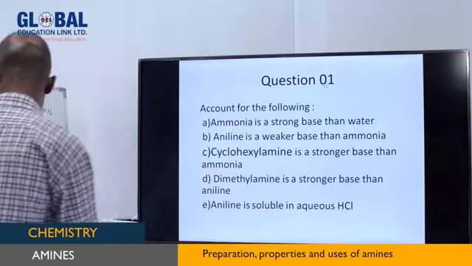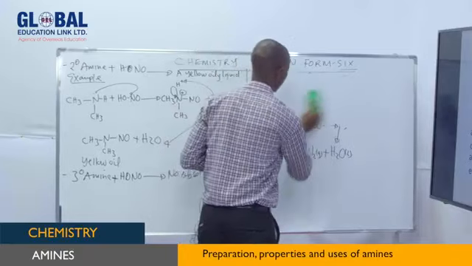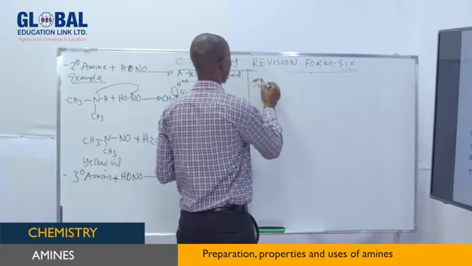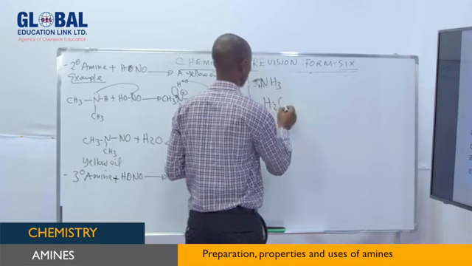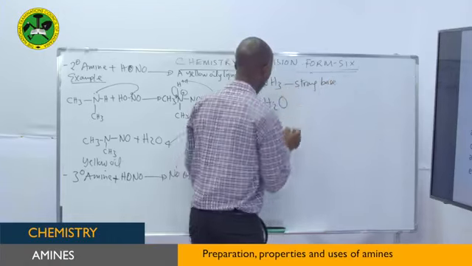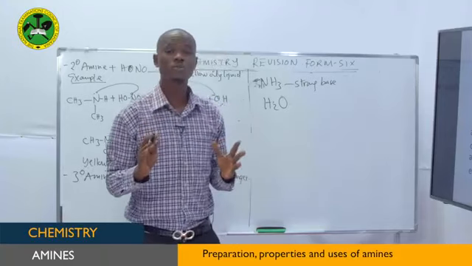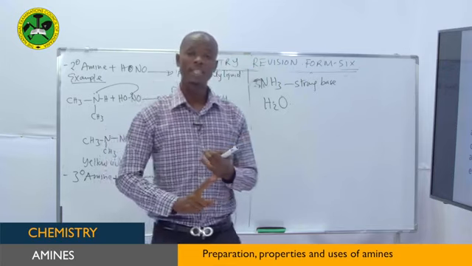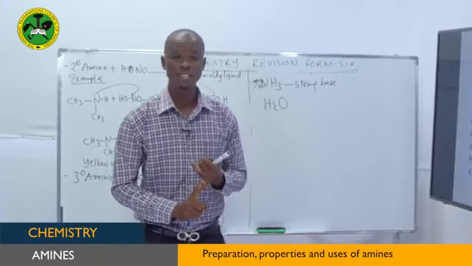If we come back to the board here, trying to solve that problem, this is ammonia and we have water. This is a strong base compared to water. Why? If you remember, I told you that the basic strength of any chemical substance depends on two things. Number one, it depends on the availability of the lone pair of electrons to be donated.